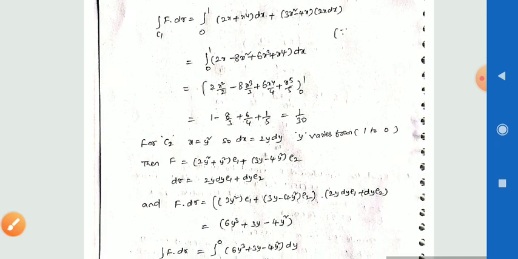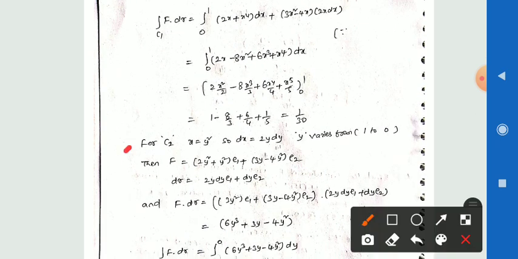Then I calculate for the curve C2, where x is equal to y square and dx is equal to 2y dy. Here y varies from 1 to 0. Then f is equal to (2y square plus y square) e1 plus (3y minus 4y square) e2, substituting x as y square.